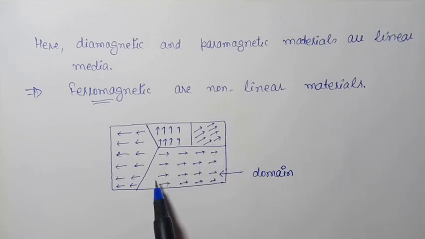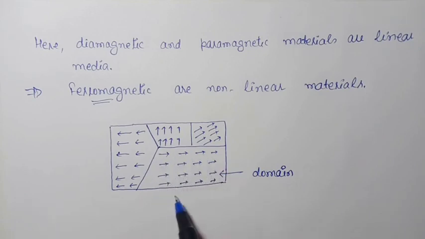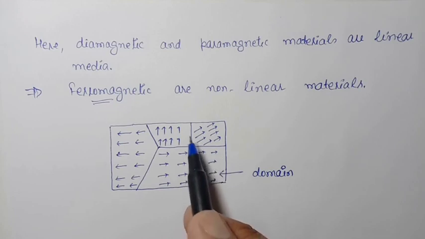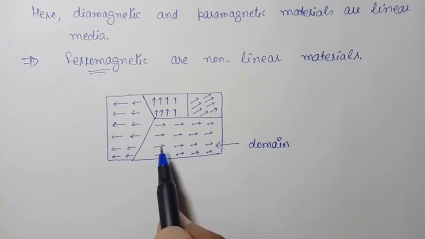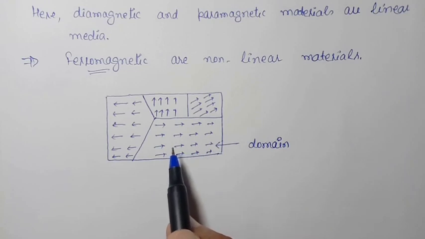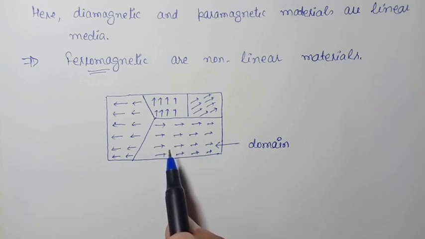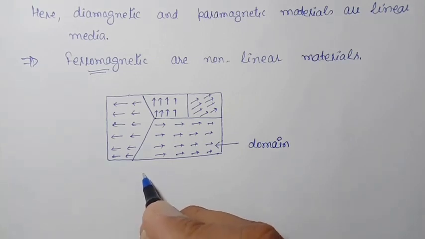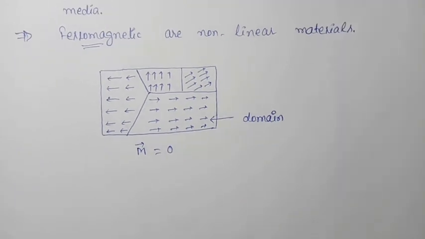Each domain contains billions of dipoles, and all the dipoles in a particular domain orient in the same direction. But in the material, these domains are randomly oriented. Due to this reason, magnetization is equal to 0 in the absence of a magnetic field.